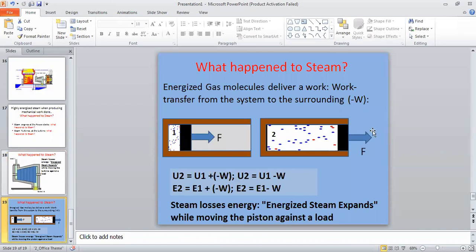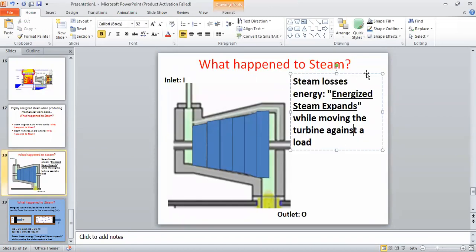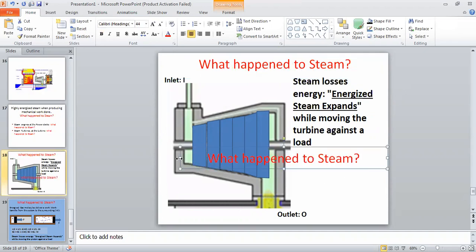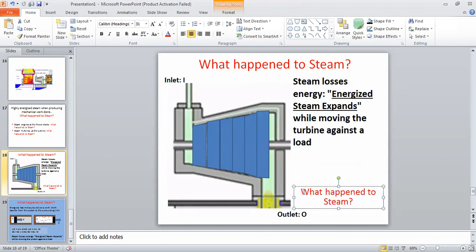So it expands, and what happens is the steam becomes de-energized. So de-energized steam means energy released from the steam.